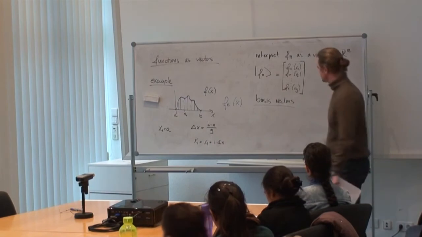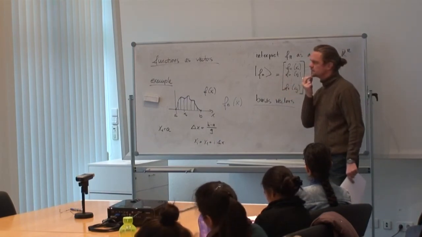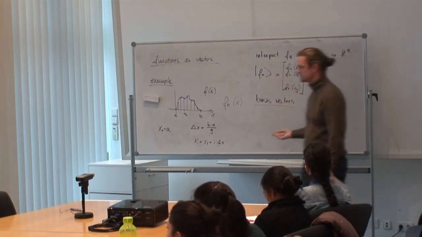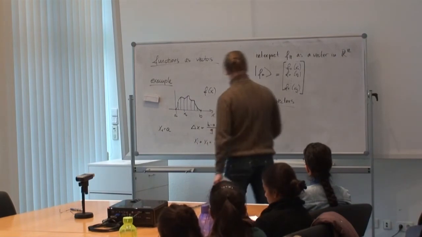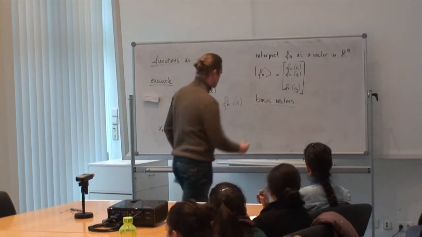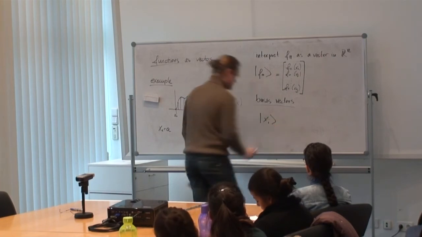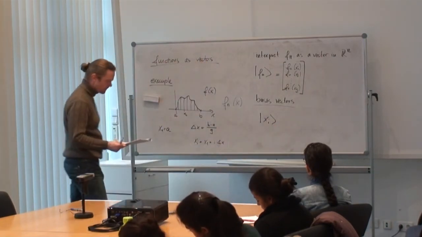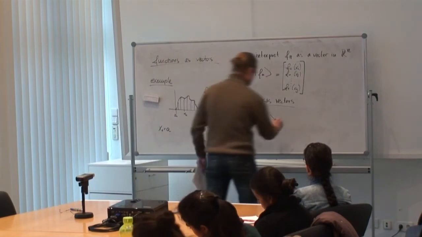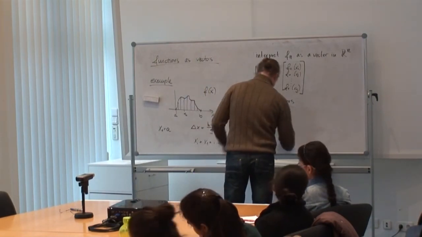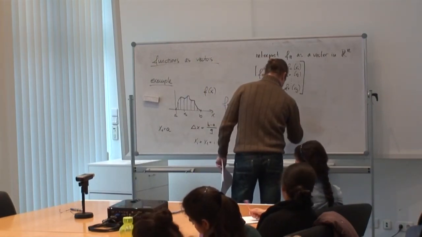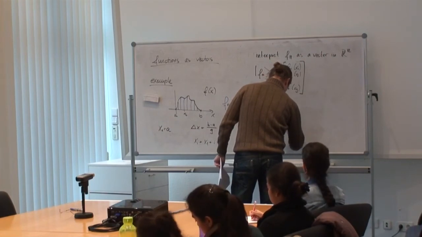So basis vectors. If this is a vector, and we say, okay, there must be a basis vector, then if it's in the same space, we should probably use the same notation. So cat xi. What could this be? And I would just say it's this vector, lots of zeros, then there's a 1, then lots of zeros.